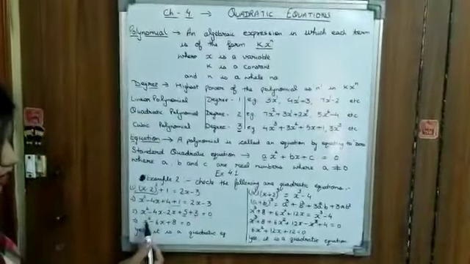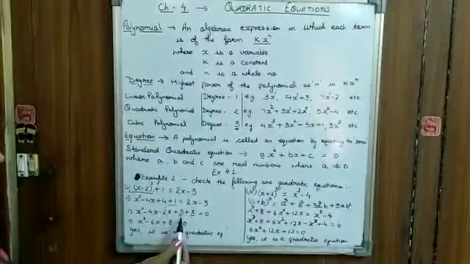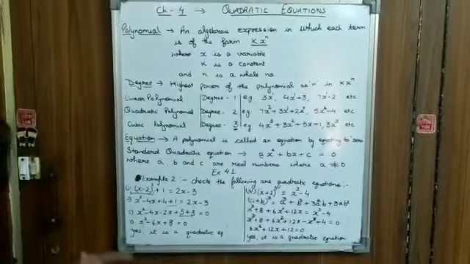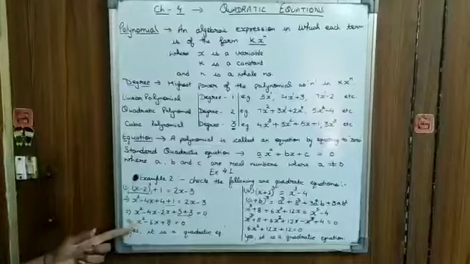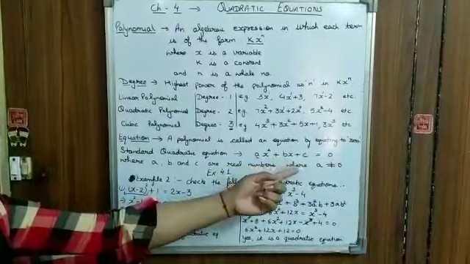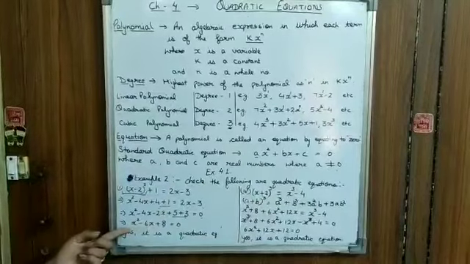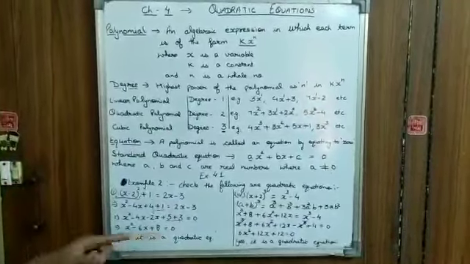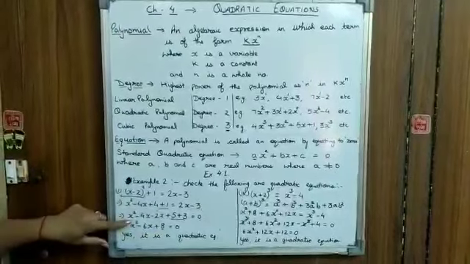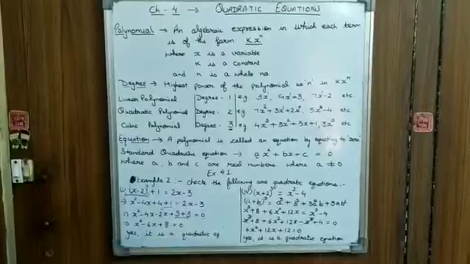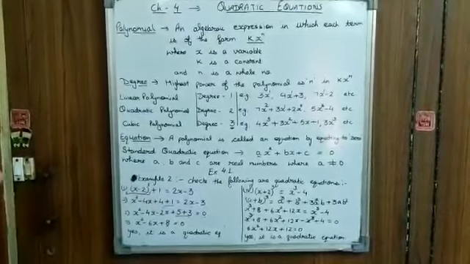Now x square minus 6x plus 5 plus 3 is equal to plus 8. Now you can compare it with your quadratic equation ax square plus bx plus c. Yes, it is in the form of ax square plus bx plus c, where the degree of the polynomial is 2. So we can easily say, yes, it is a quadratic equation. I hope you all understood.